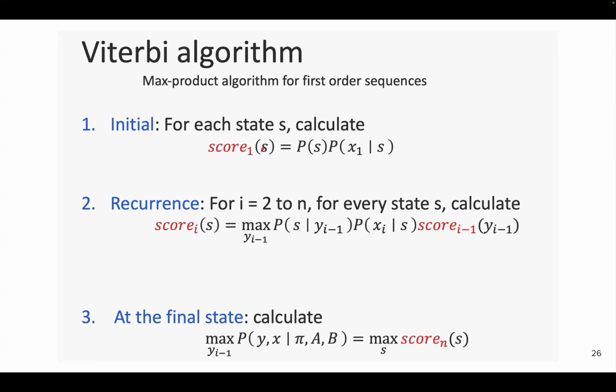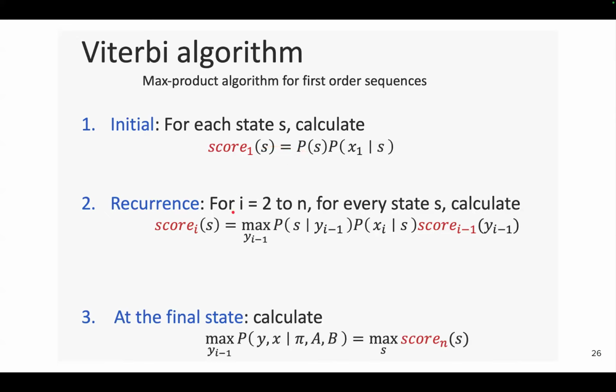This is the abstraction, right? Here, S is abstract. It's a symbol that can serve for any tag. So if you were running this algorithm, you would have as many score 1s as there are tags. Don't be confused that there is just a single equation here. S is any possible tag in the tag set. So you calculate score 1 for all possible tags.